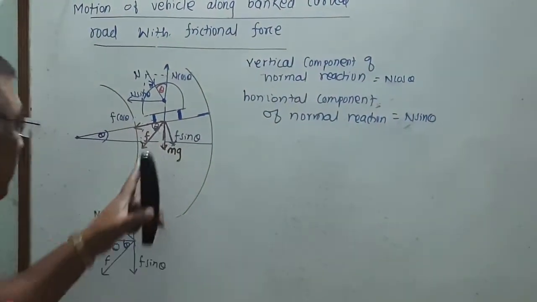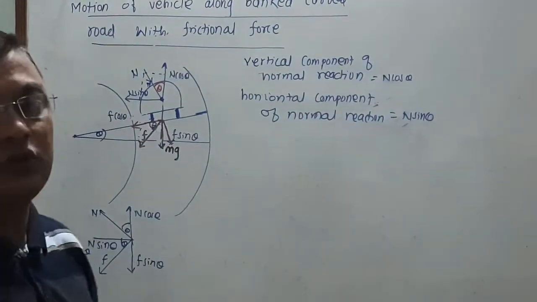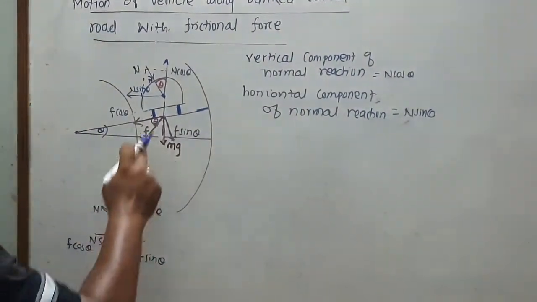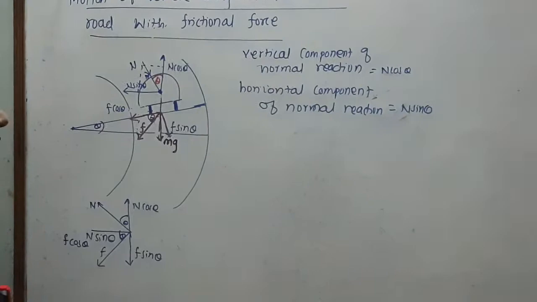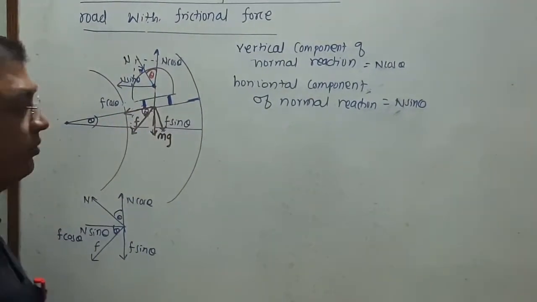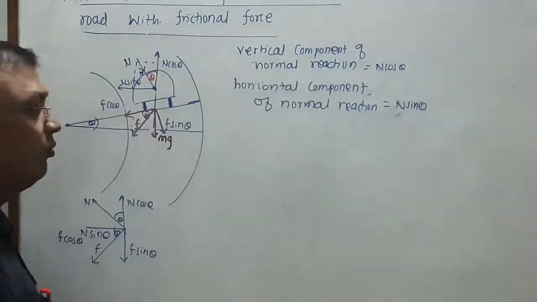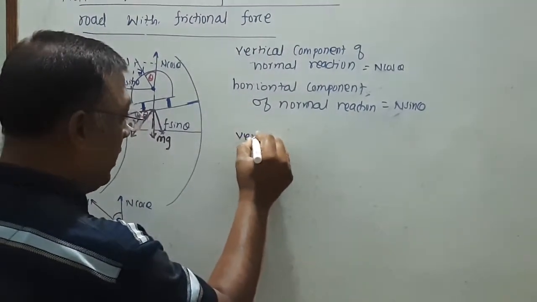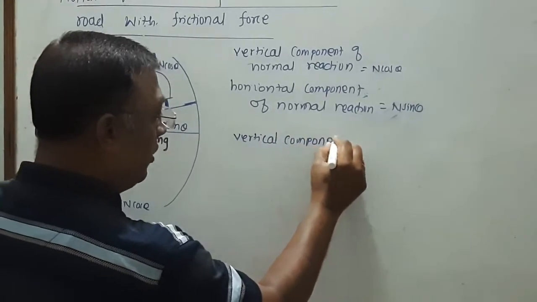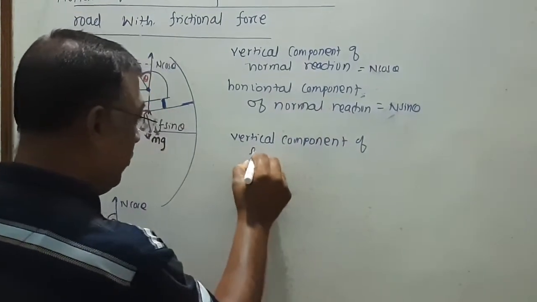In the same way, there is a frictional force between the road and the tires. It is observed that there are also a vertical component and a horizontal component of this frictional force. So what is the vertical component of frictional force?